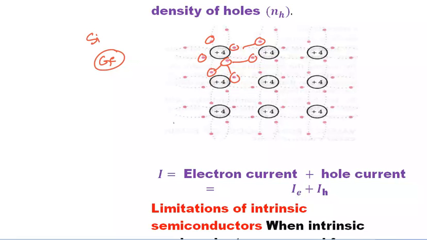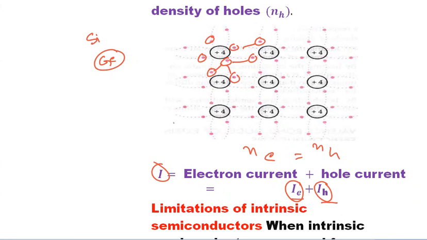In an intrinsic semiconductor, the number of holes is exactly equal to the number of electrons, hence the electronic current, or current flowing through electrons, is almost equal to the hole current, or current flowing through holes, and the total current must equal the sum of the electronic current and the hole current.